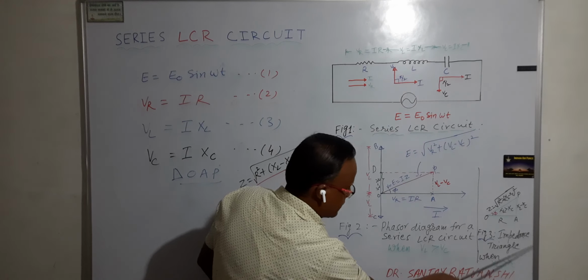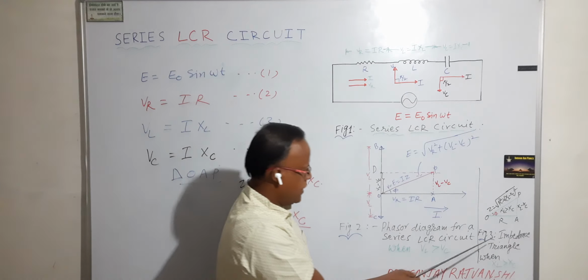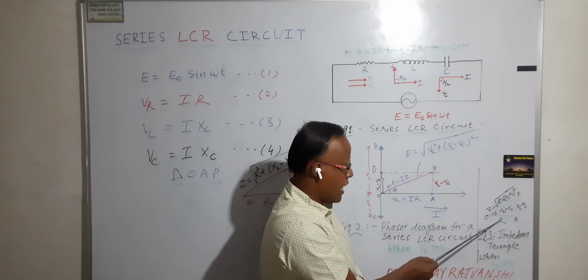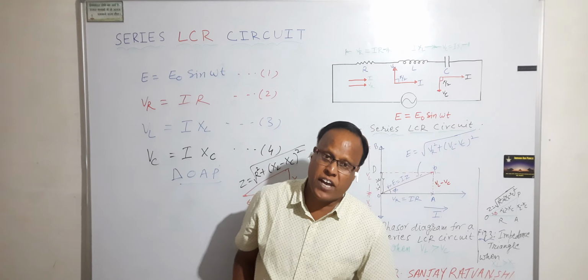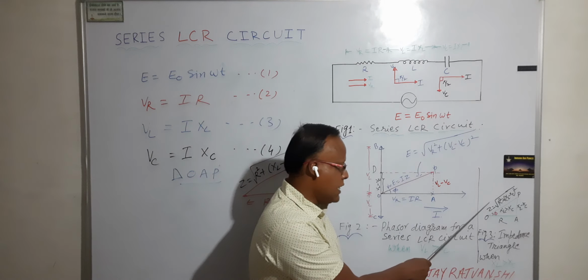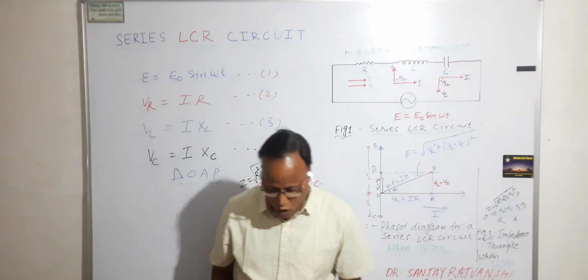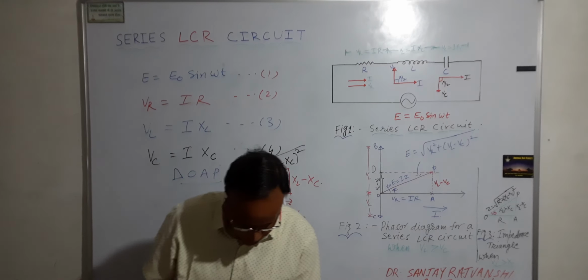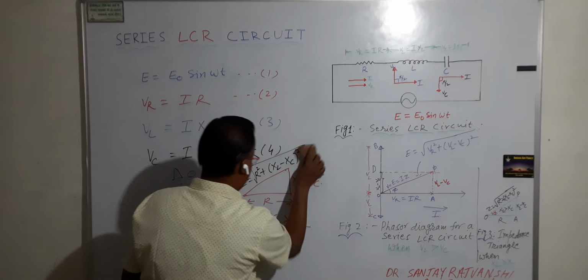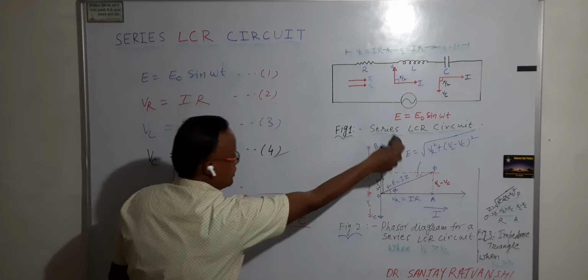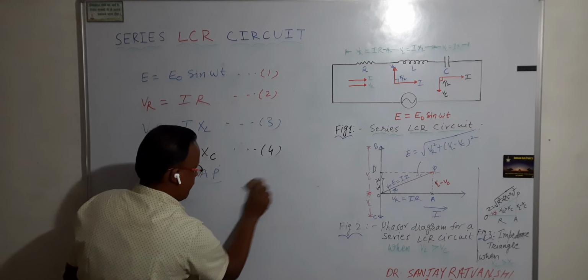This figure 3 represents the impedance triangle, with R, XL minus XC, and this phi is your phase between E and I in the case of the LCR circuit.